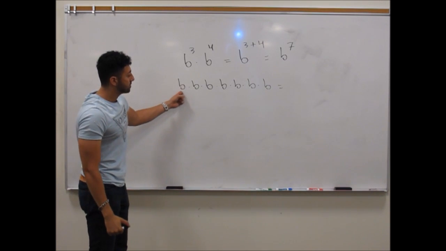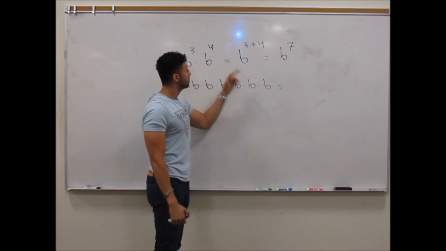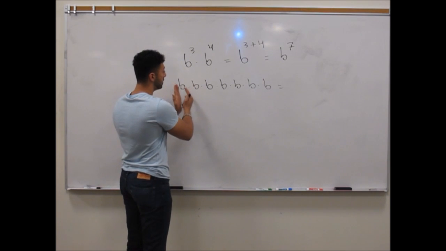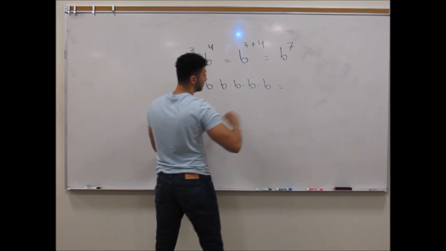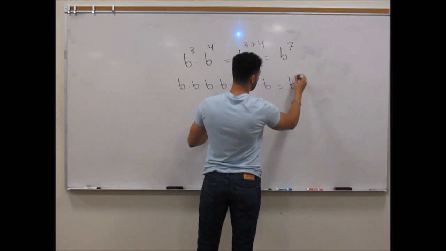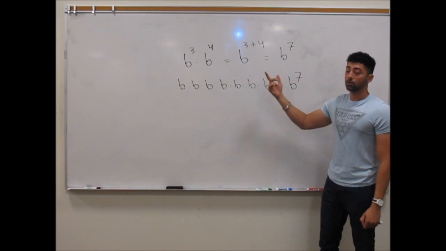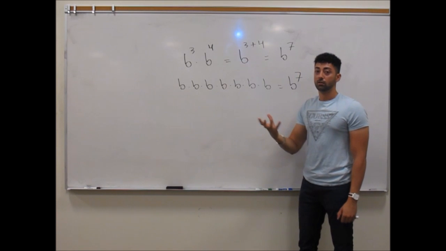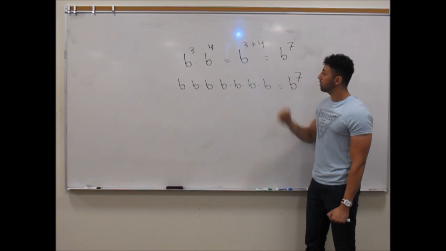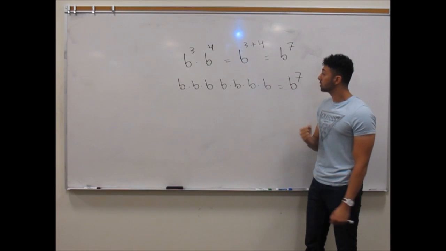So we have 7 b's here. And that's what the exponent represented in the beginning. Really here I have 7 b's, because we said the exponent represents how many of that base you have. So this is why the product same base rule works.